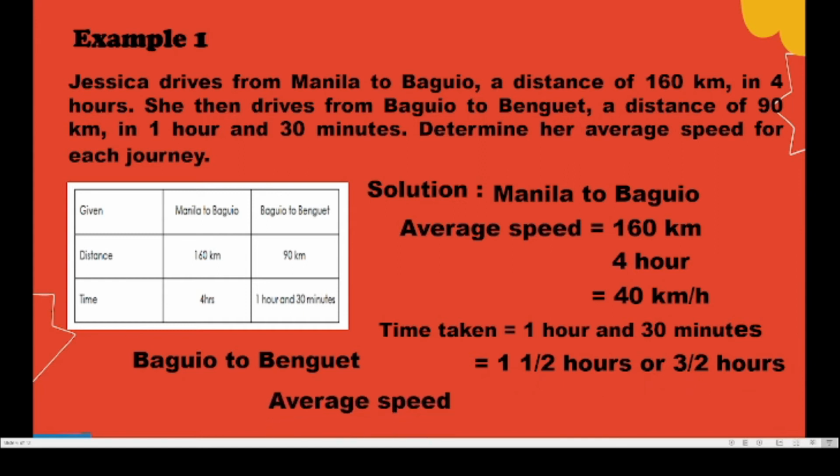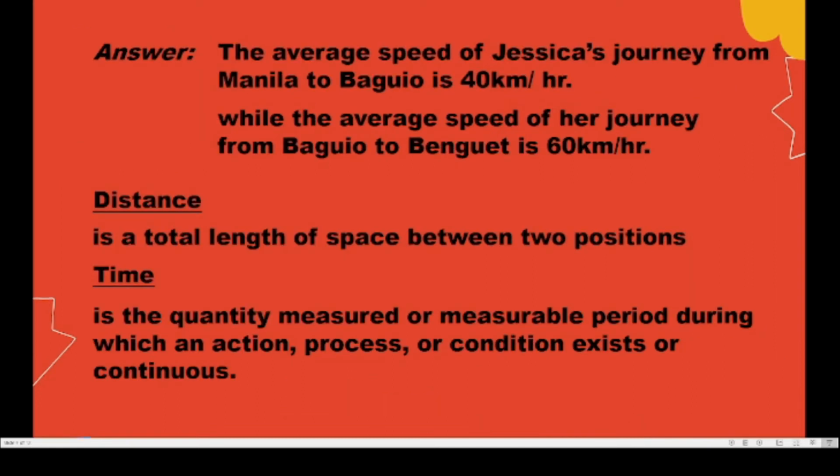Then average speed is equal to 90 divided by 3/2, which is equal to 90 times 2/3. Then the answer is 60 km per hour. So, the average speed of Jessica's journey from Manila to Baguio is 40 km per hour, while the average speed of her journey from Baguio to Benguet is 60 km per hour.